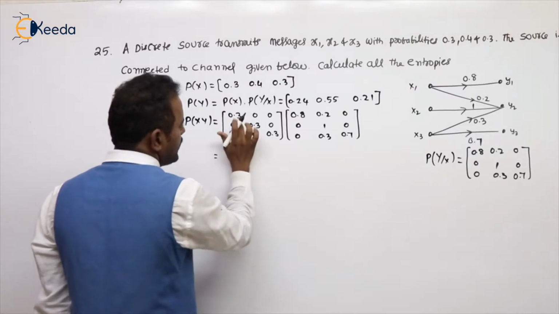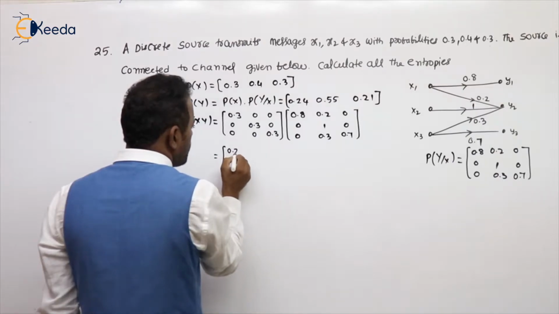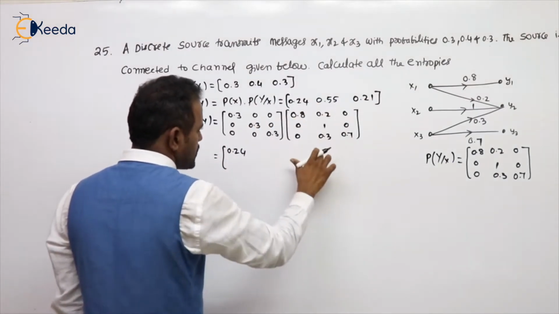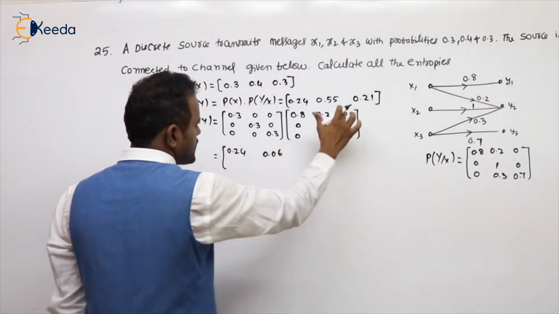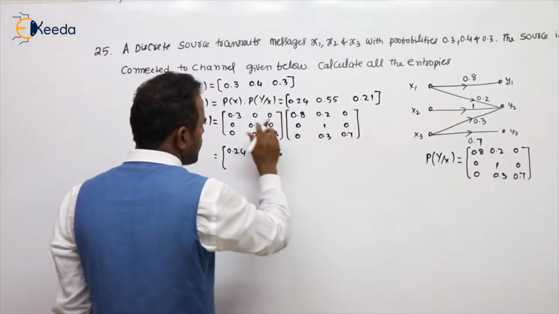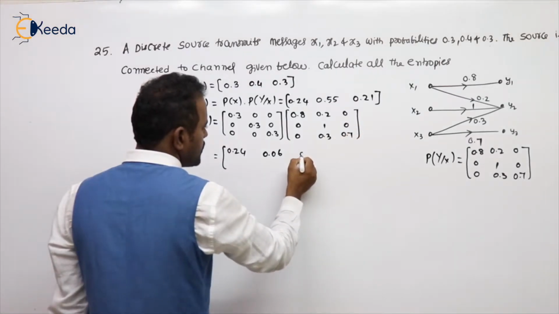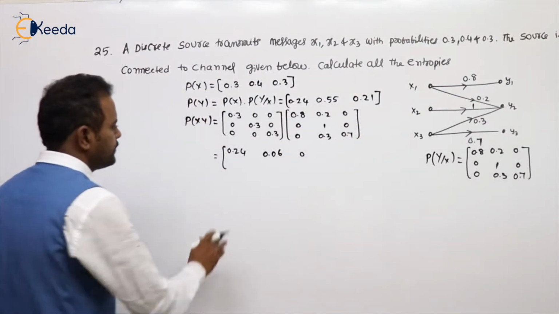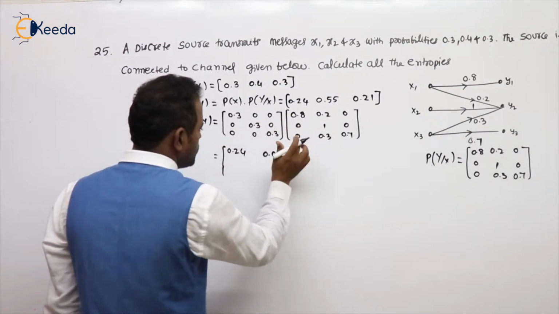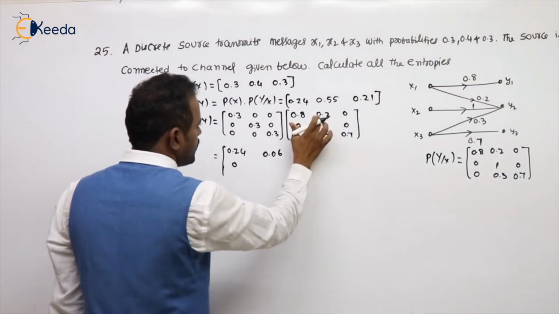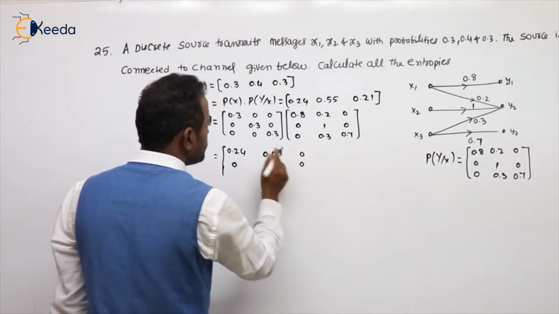Please do the multiplication. 0.3 into 0.8, so 0.24. Next, this with this one, 0.06. Next, this one, how much are you getting? 0. Next also 0. Next row, 0, 0, 0, 0, 0.3, 0.